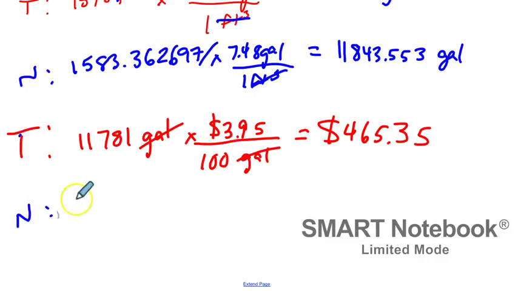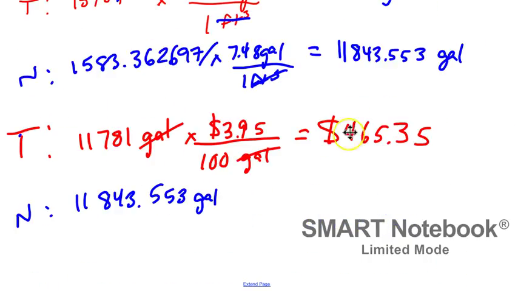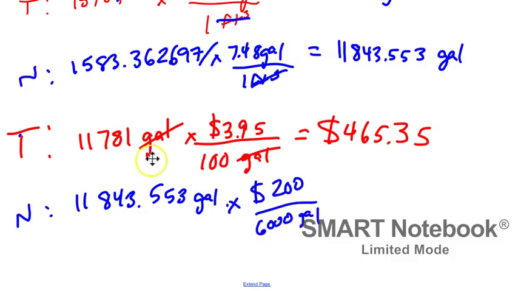Nancy, for 11,843.553 gallons. She pays $200 for every 6,000 gallons.